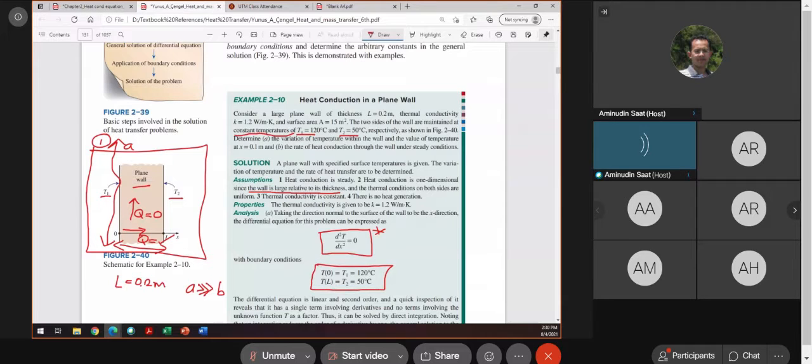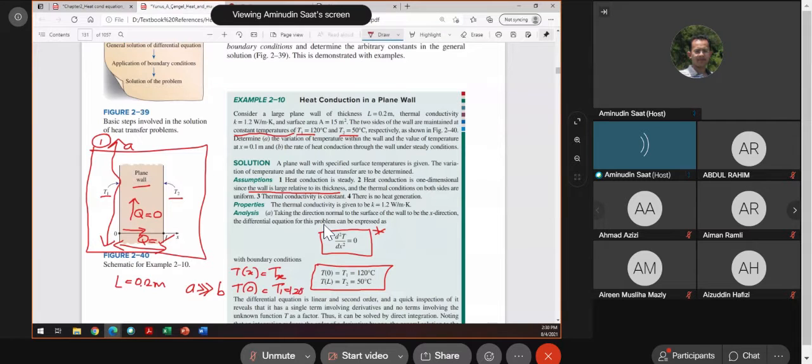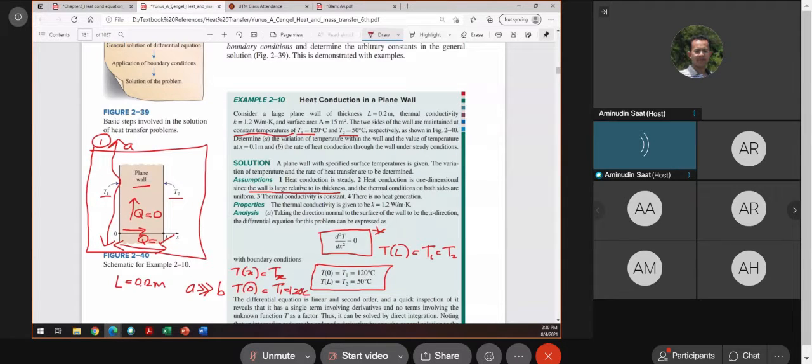Originally it should be T of x. At x equals 0, T of x equals T1, which is 120 degrees Celsius, and at x equals L, T equals T2, which is 50 degrees Celsius.